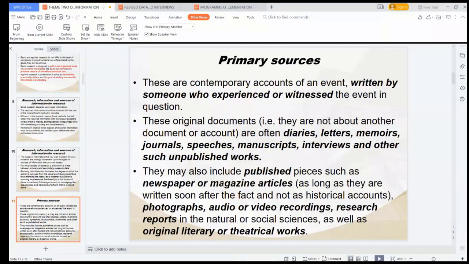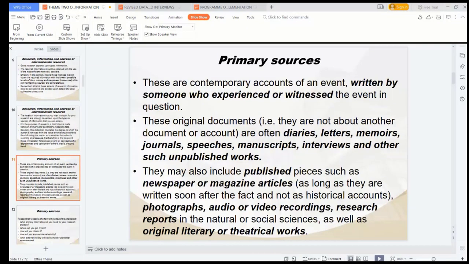Now, if we look at primary sources, these are contemporary accounts of an event written by someone who experienced or witnessed the event in question. The original documents include the diaries, the letters, the memos, journals, speeches, manuscripts, interviews, and other such unpublished works.